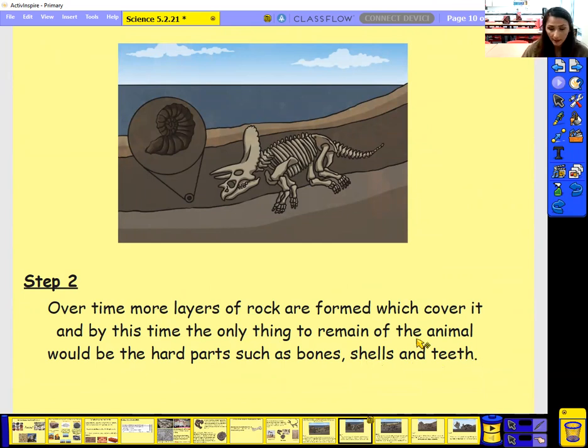So over time, as this happens, only thing that's left over is the bones from the dinosaur or the creature that you had. Okay, so the only thing that's left that is remaining is the bones or teeth, because your teeth are quite hard as well in this little shell here.